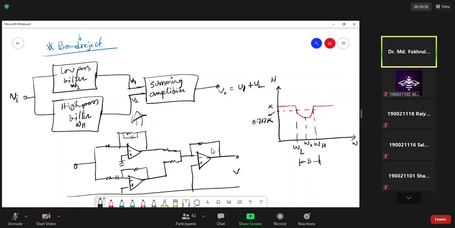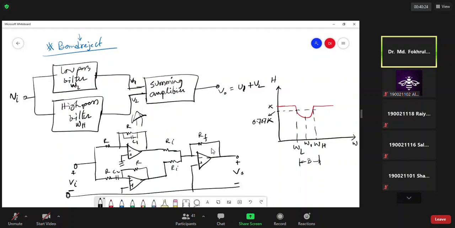This is your output, and this is your input VI. So it is R, R, R, C1, C2, R, RI and RI, and this is your RF.